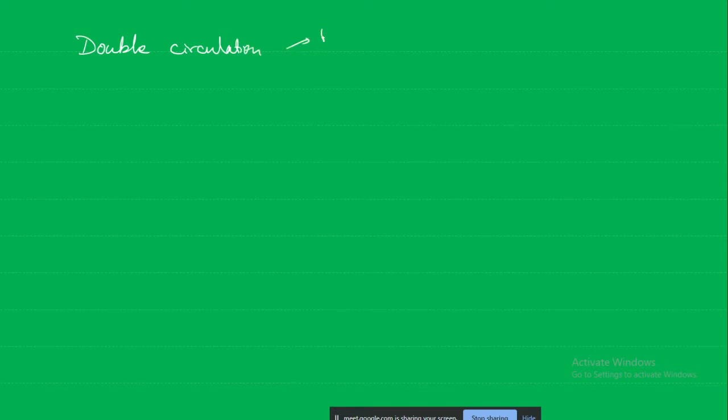One circulation is to the body in general and one is specifically to the lungs. From the heart, the deoxygenated blood goes to the lungs, gets oxygenated, and comes back. This forms one circuit.